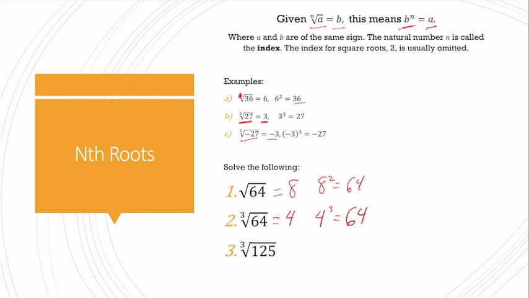I'm going to take the cube root of 125, okay? And I'm going to work this one out by making a factor tree. So I have 125. That factors into 5 times 25, which factors into 5 times 5. So 5 cubed is 125, because I've got 1, 2, 3 fives, then the cube root of 125 is going to be 5.